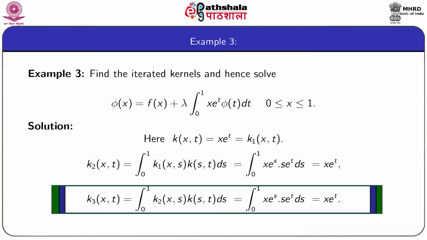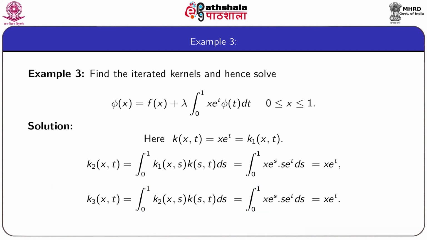Similarly, K3(x, t), the third iterated kernel, is given by integral 0 to 1 K2(x, s) into K(s, t) ds, which after substituting the values can be simplified as x into e to the power t.